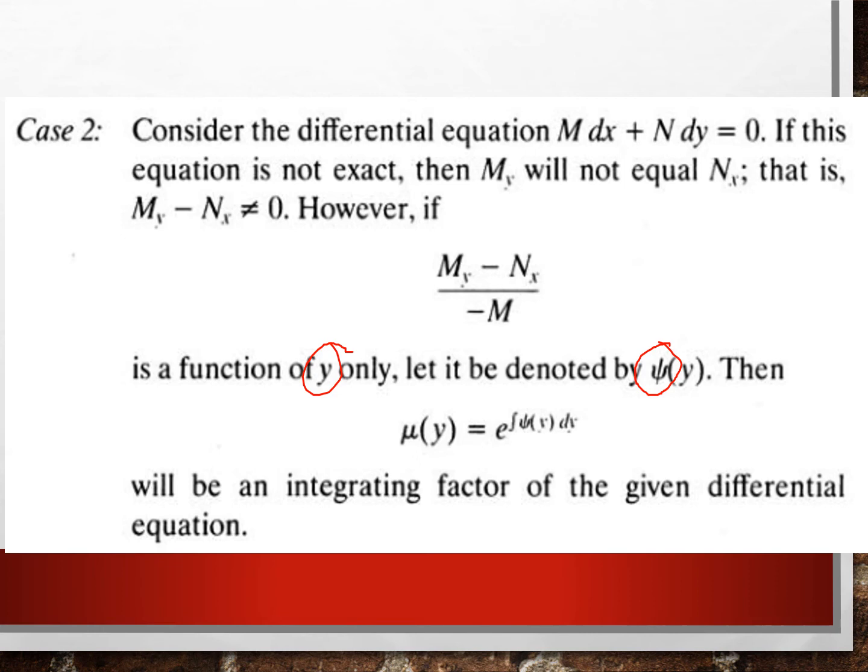So instead of N here, we have a negative M coming from this one. Just in case that case 1 would not give a simpler solution, which is a function of x alone, but you have x and y over both. So you consider solving the equation in case 2, which tries to justify if it is a function of y only.